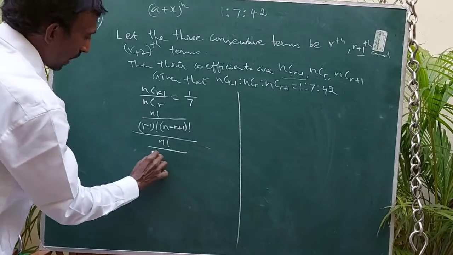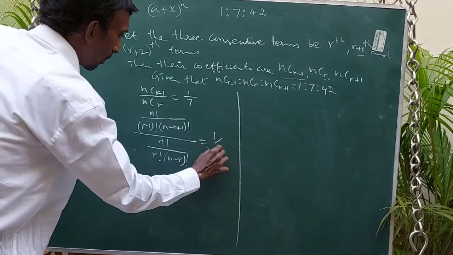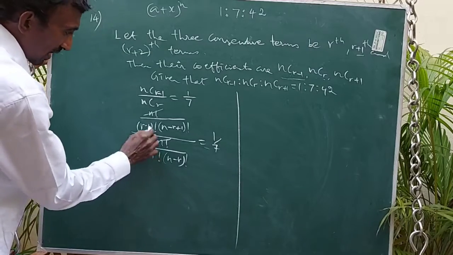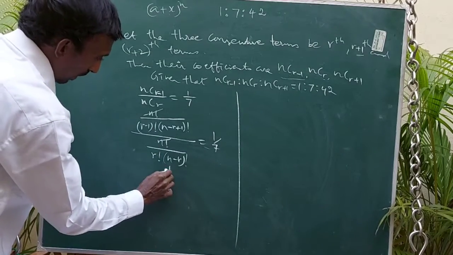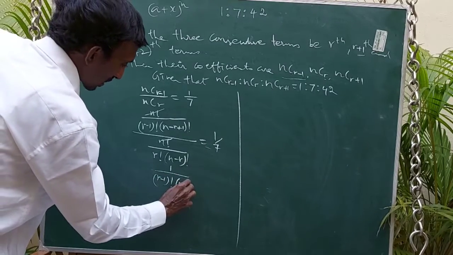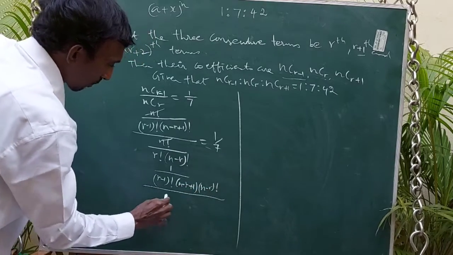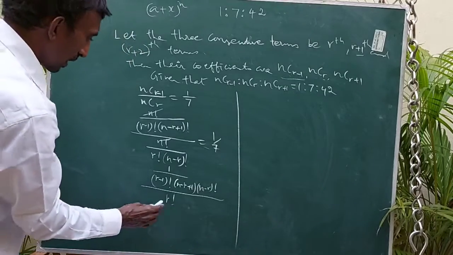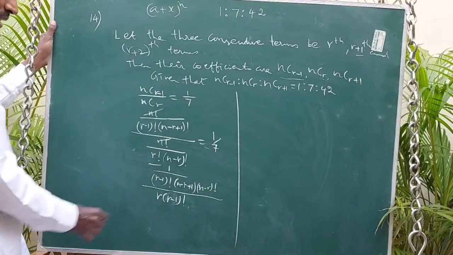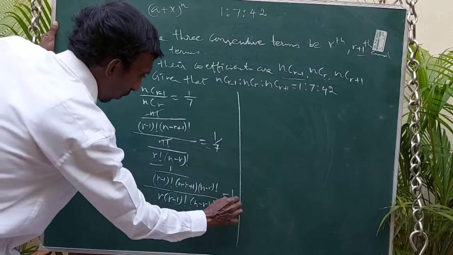So n factorial by r factorial into n minus r factorial equal to 1 by 7. So n factorial cancels. If we write this, 1 by r minus 1 factorial into, we take n minus r plus 1 outside, remaining n minus r factorial by r factorial into, r factorial can be written as r into r minus 1 factorial, into n minus r factorial equal to 1 by 7.